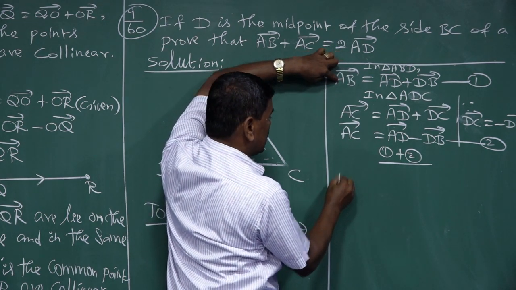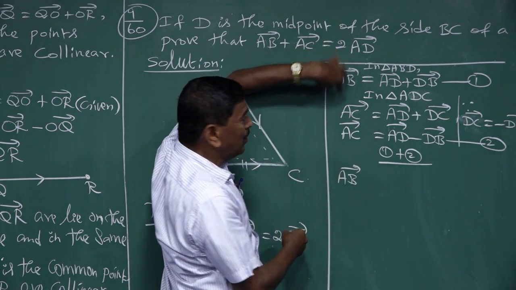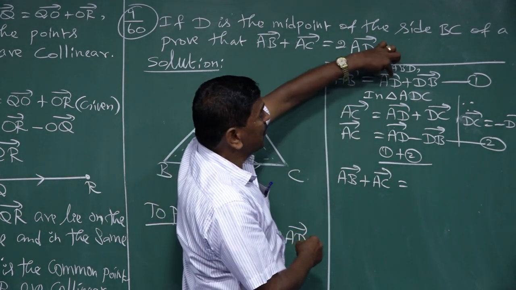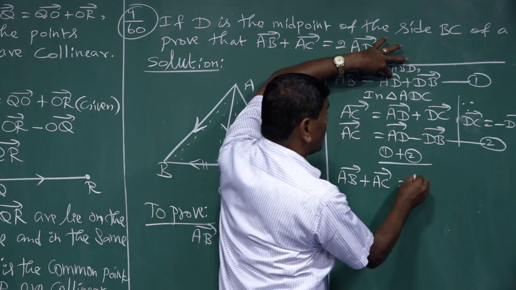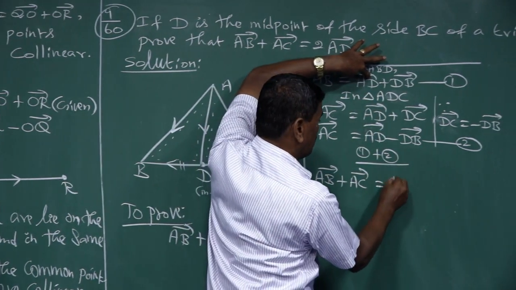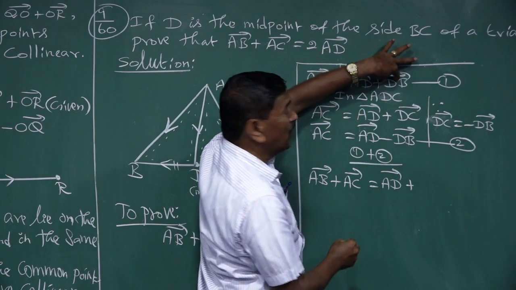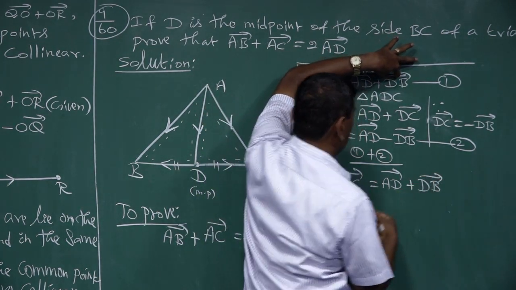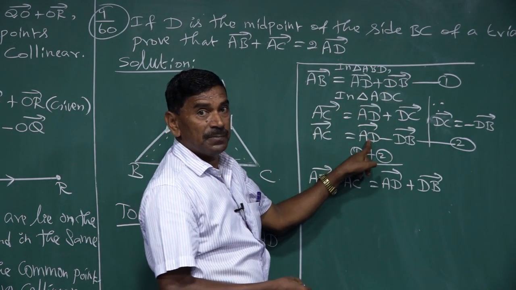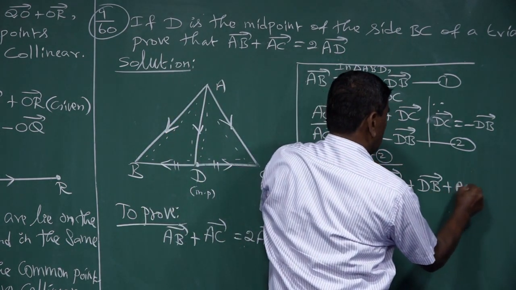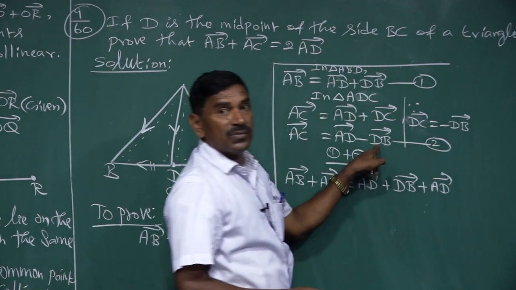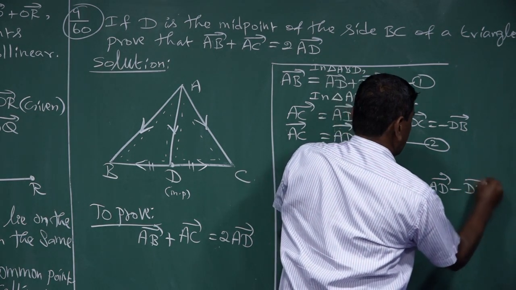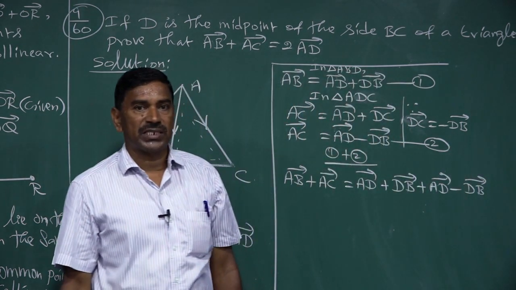Yes, that is AB vector plus AC vector, which is equal to, yes, first term of the first equation, AD vector, plus second term of the first equation, DB vector. Now, first term of the second equation, plus AD vector. Second term of the second equation, minus DB vector.